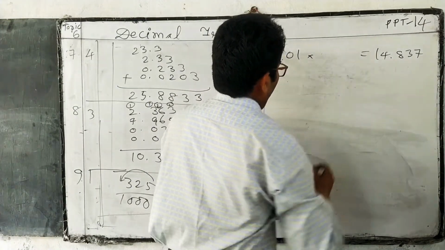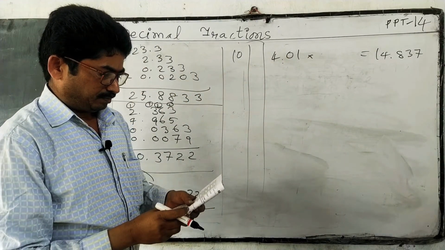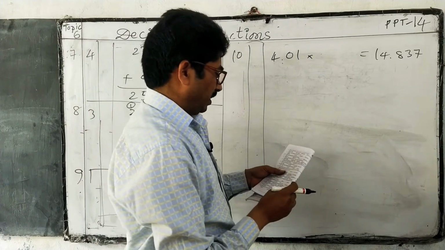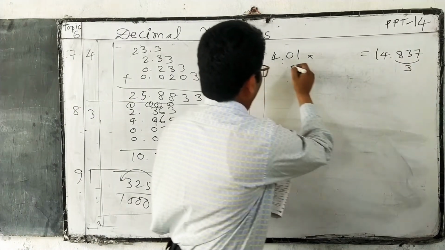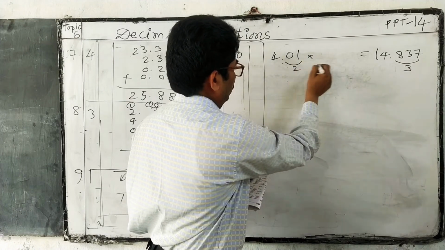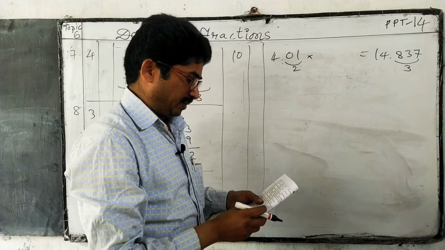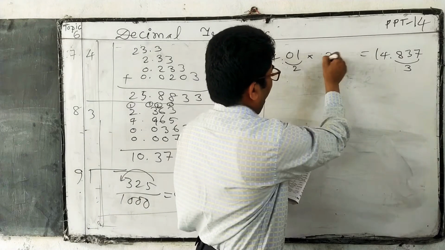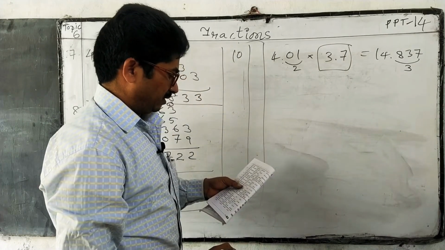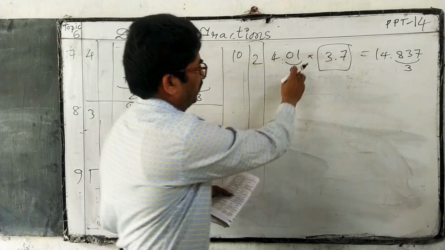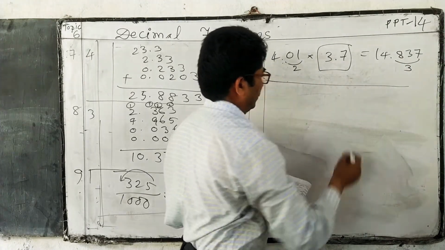By the trial and error method we can find the answer. In the product we have 3 decimal places, here 2 decimal places, so here we need a 1 decimal place number. So 3.7 is the correct answer, option 2. If we multiply with this, we can get this product with no doubt at all.